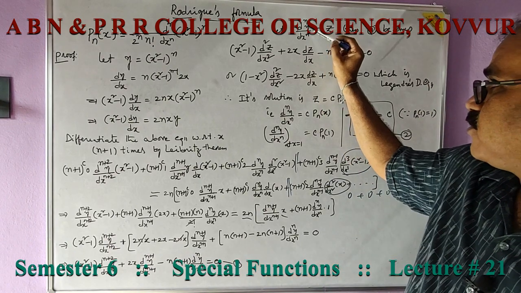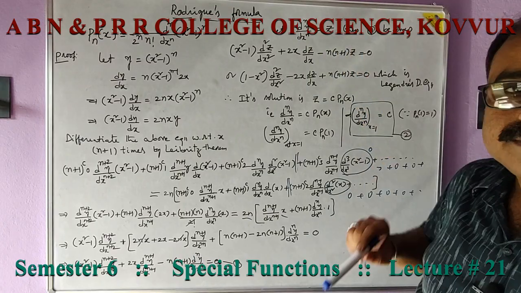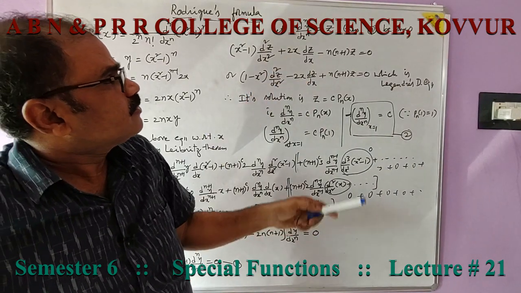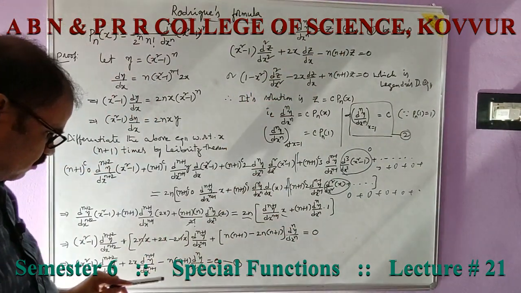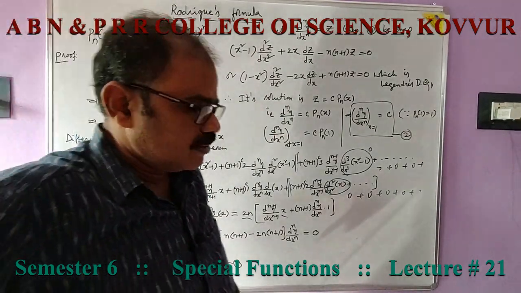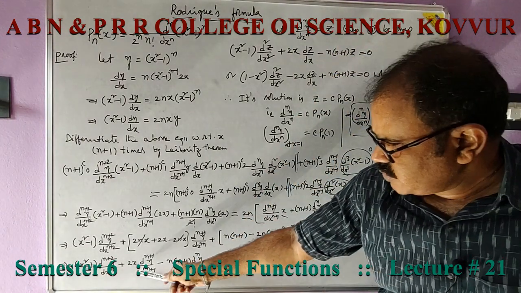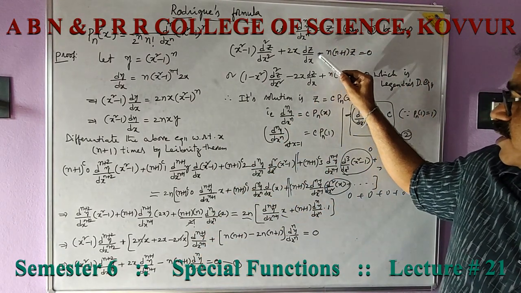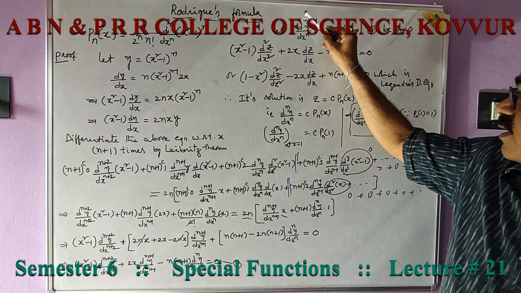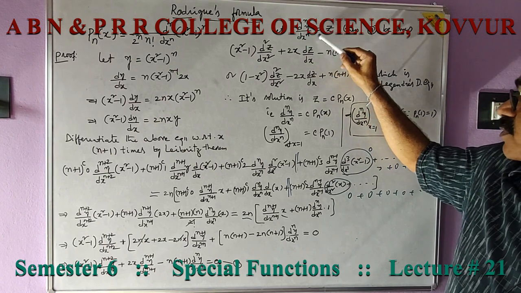Let the nth derivative of y, d power n y by dx power n, be equal to z. Then equation 1 becomes x square minus 1 d square z by dx square, plus 2x d by dx of z, minus n into n plus 1 into z is equal to 0, as the nth derivative of y with respect to x, d power n y by dx power n, is equal to z.